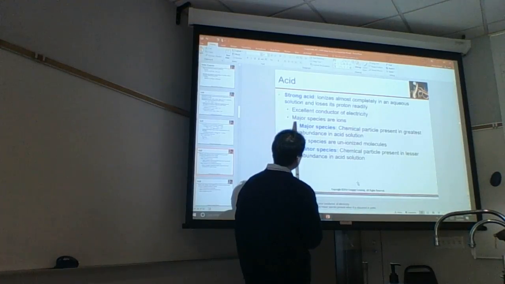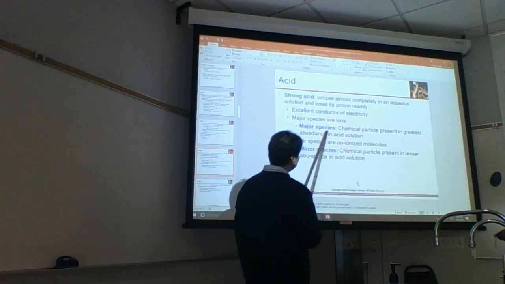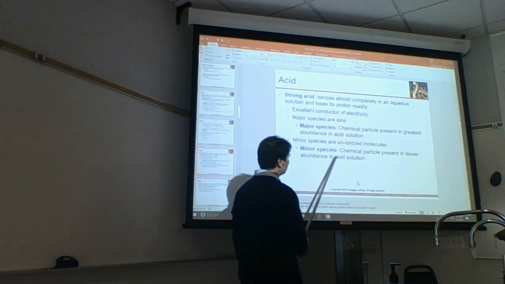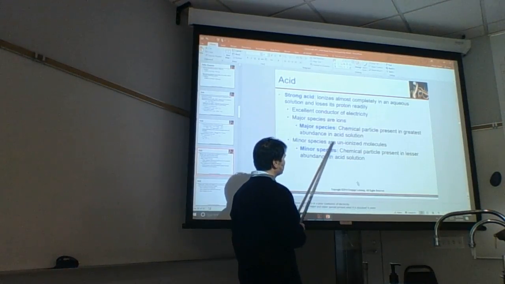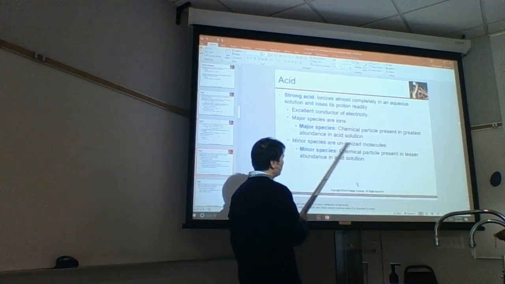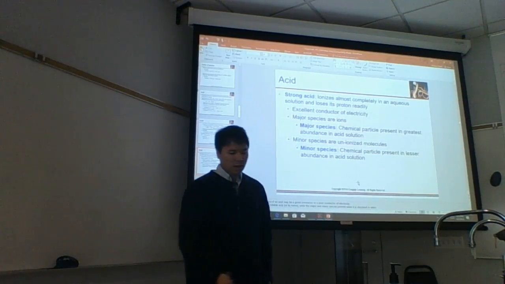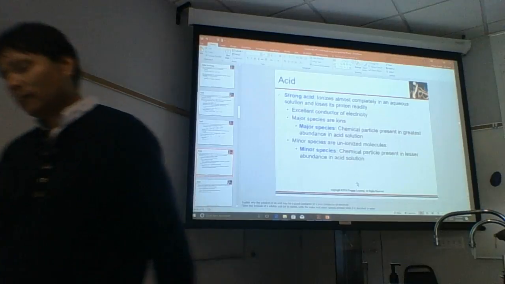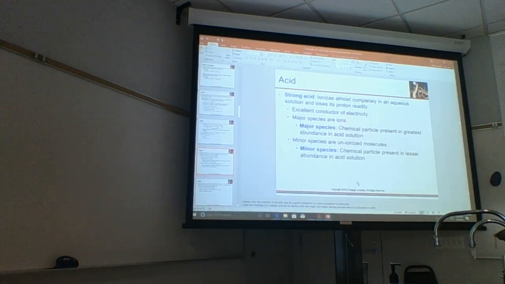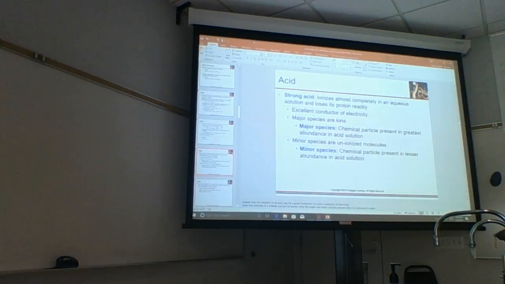Excellent conductor of electricity. Major species are the ions. Minor species are zero, because minor species would be the unionized molecules. There are no unionized molecules for strong acids. So there are no minor species here, unless, it depends on how strong. There are stronger strong acids and weaker strong acids. So it might be a weaker strong acid.